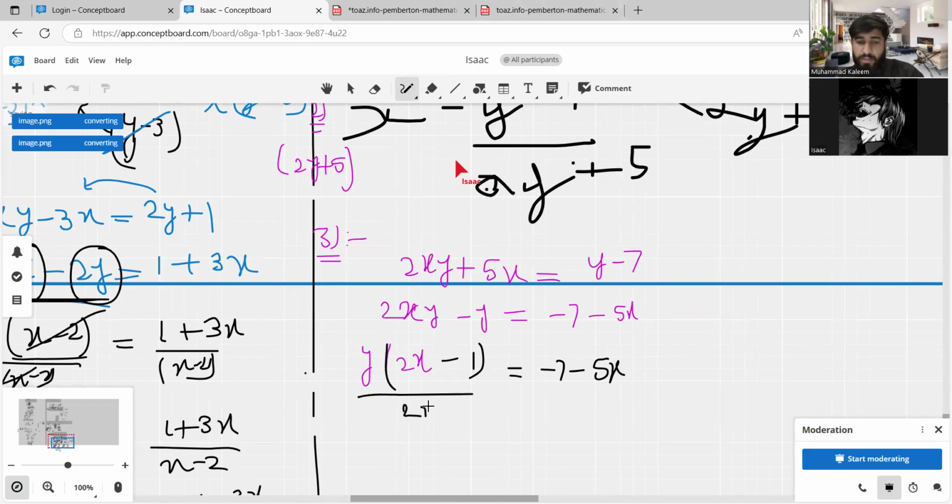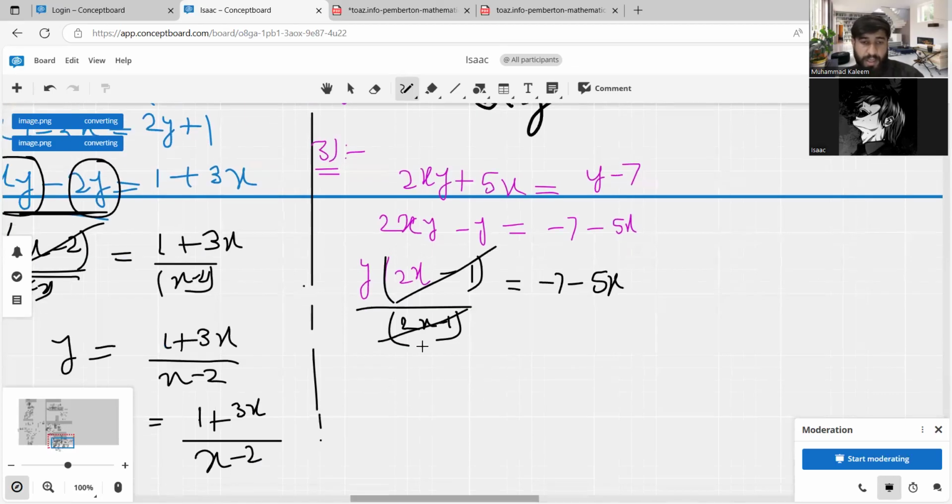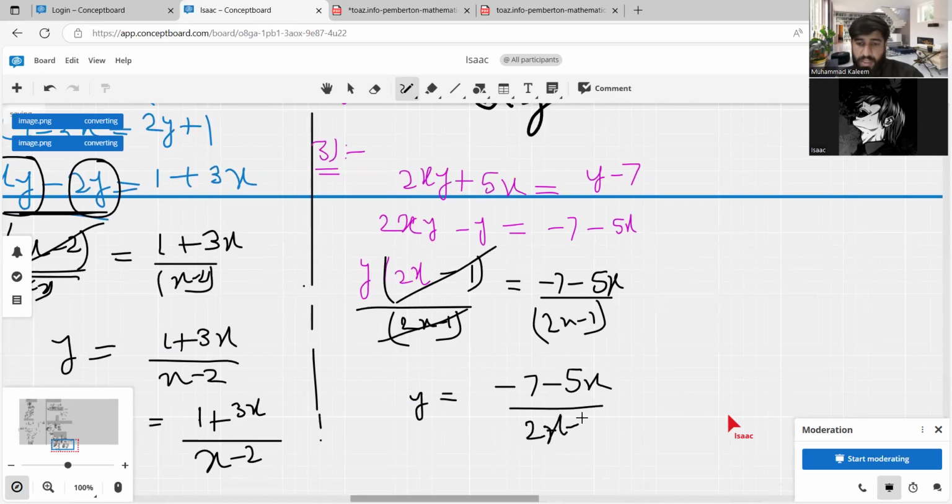We have to divide both sides by this term. Why do I divide by this one? Why not divide by 5 or any other value? Because I need to cancel this one. Our main target is to eliminate this thing that we have with y. So if I divide this side by this, I will do the same thing on the right side. So it means that y is equal to (-7 minus 5x) over (2x minus 1). So that's all.